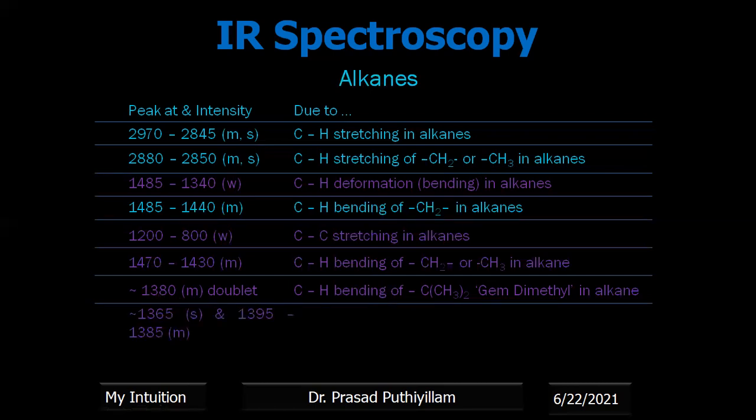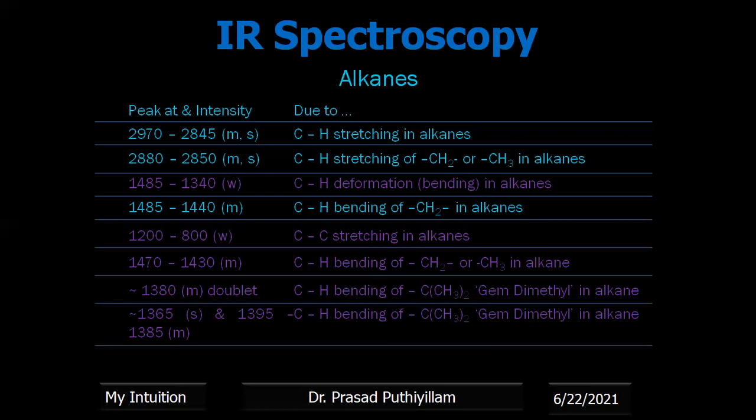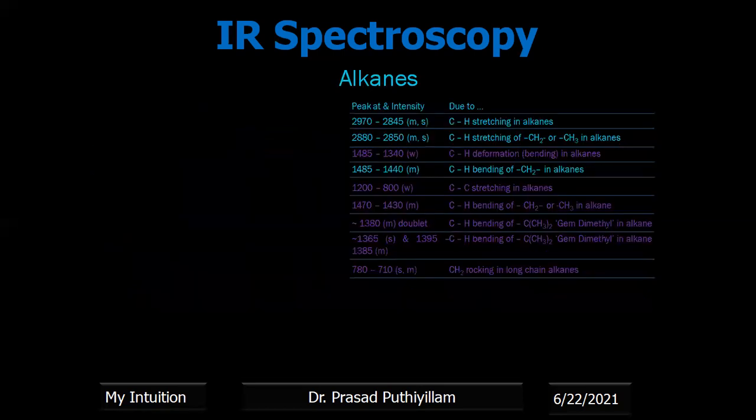Then 1365, a strong band, as well as a medium band at 1395 to 1385. These two found together means it will be the CH bending of C(CH3)2, geminal dimethyl. 780 to 710 with a strong as well as medium band, if it is there, that is CH2 rocking in long chain alkanes.